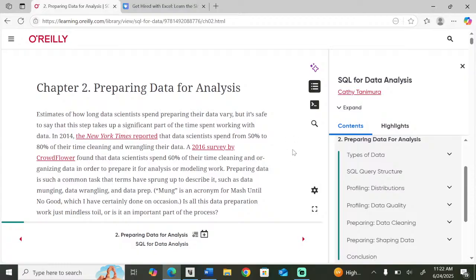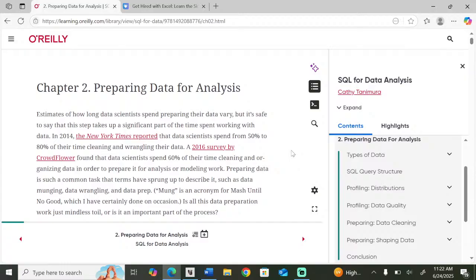So most data analysts use 80% of their time to clean data. When you become a data analyst, you will come across very, very messy data, and you'll be shocked by the type of data you come across.